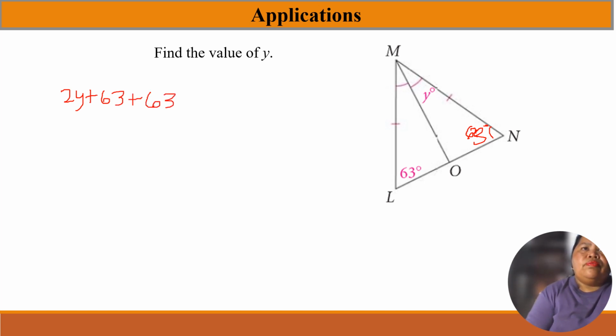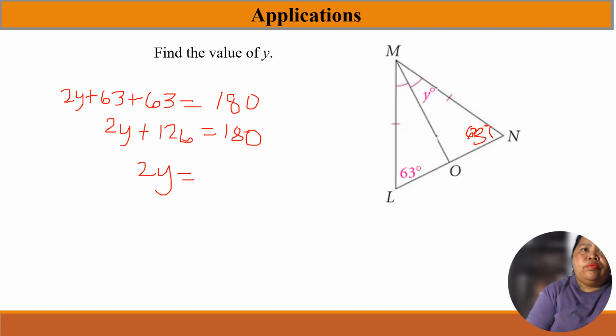The total measure of the angles of a triangle is 180 degrees. So we have 2y plus 126, because 63 plus 63 is 126, equals 180. So 2y equals 180 minus 126, by transposing, or the addition property of equality.